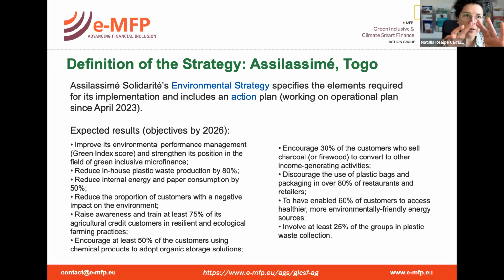Once an institution understands and sets up their targets, in this case, let's see here the expected results. Improve the environmental performance, reduce in-house plastic waste, reduce internal energy and paper consumption, reduce the proportion of customers with negative impact, raise awareness, encourage at least 50% of the customers using chemical products, encourage 30% to discourage the use of plastic bags, have enabled 60% of customers to access healthier, more environmentally friendly energy sources, involve at least 25% of the groups in plastic waste collection.